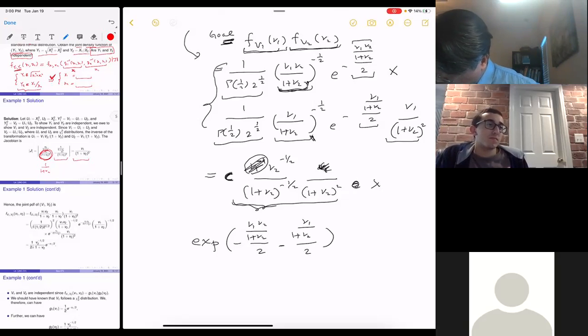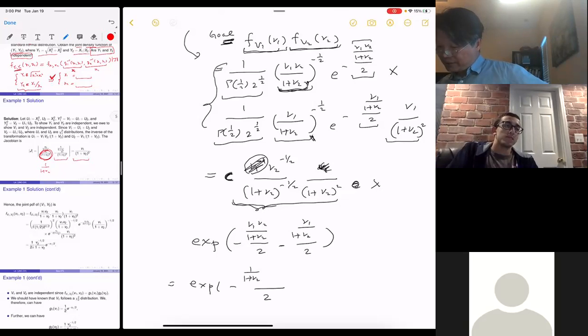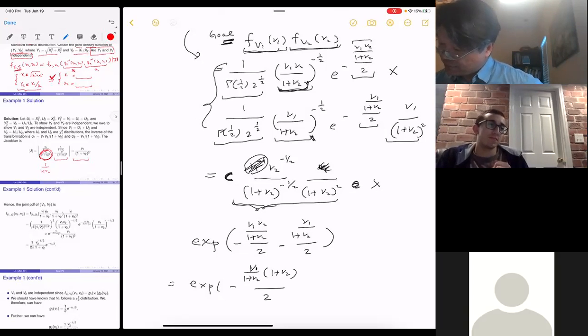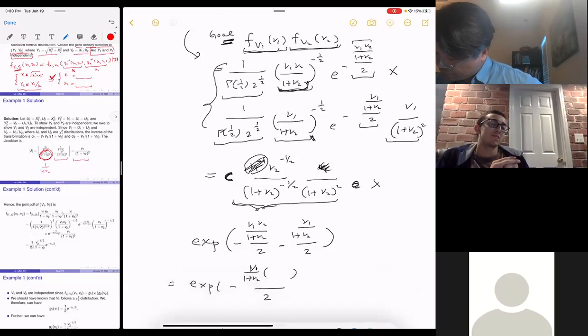And then it turns out to be what? It turns out to be exponential minus this guy, right? I can pull a denominator, I can pull 1 plus V2 right here. And then I can pull out V1, right? I can pull out V1 actually, and then 1 plus V2. Or V2 plus 1, actually much more straightforward for you to see. I don't want to confuse you. So V2 plus 1.